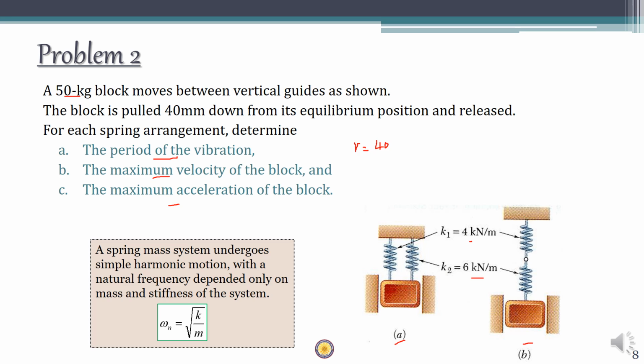The frequency of vibration will be the natural frequency of the system, which is omega equal to square root of k by m. This is important. We will come through this equation again in the later classes. For the time being, the natural frequency of a mass spring system is always equal to root k by m, where k is the stiffness of the system and m is the mass in the system.